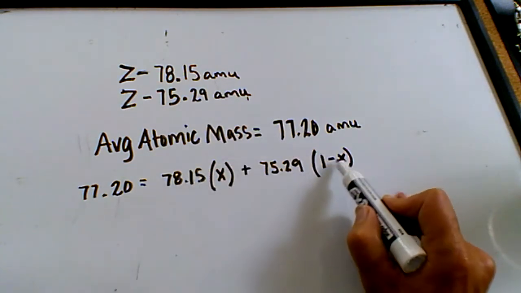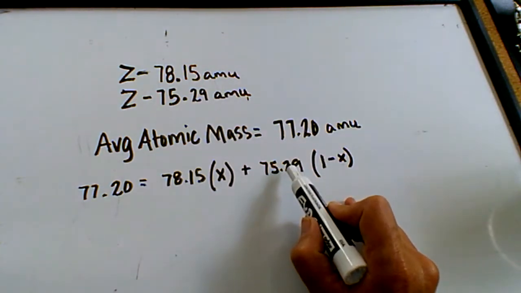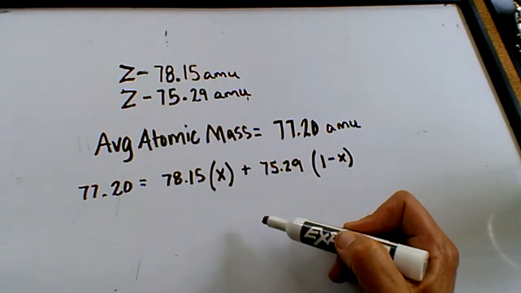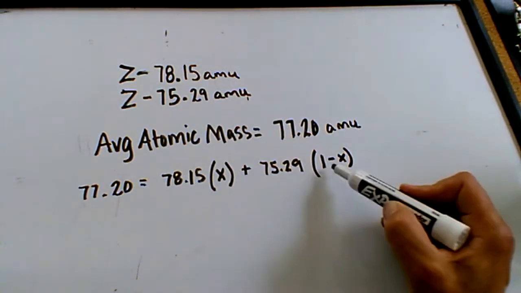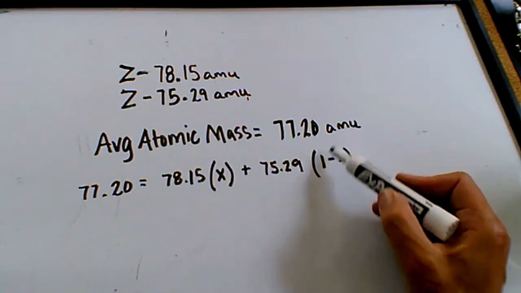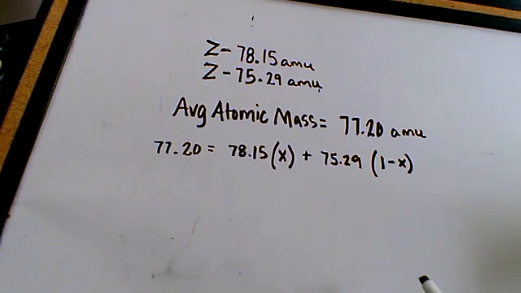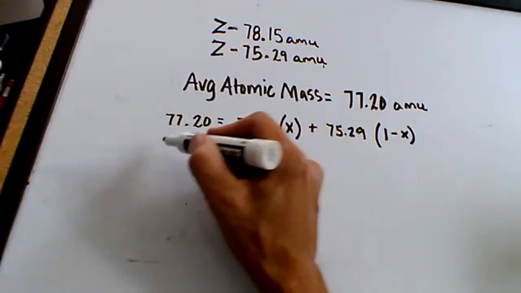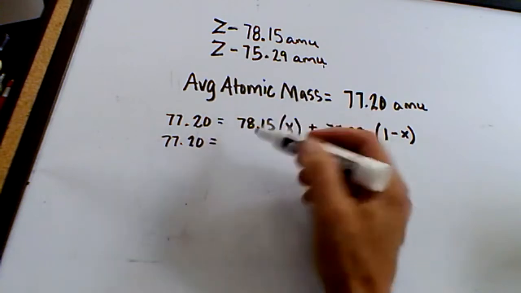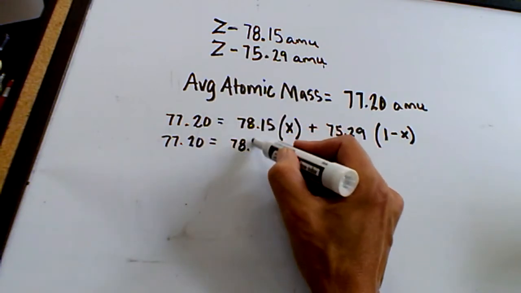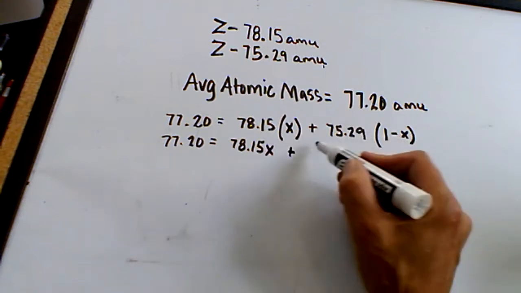Then I will subtract it from 1 to get the abundance in decimal form of this isotope. I will then multiply them by 100 to get the final percent abundance. If I wanted to, I could make this a 100, but I don't want to. You can, I don't care. I'm just going to do very basic, slow algebra simplification. Let's distribute this.